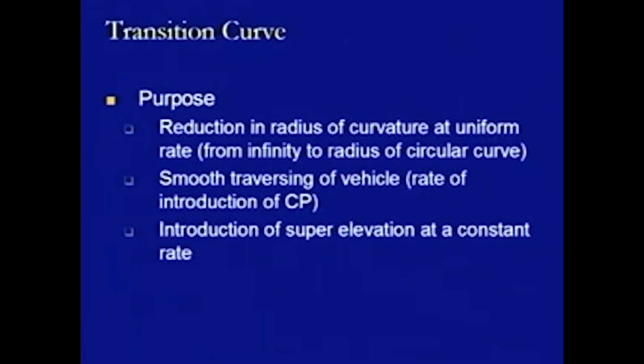Now, if the circular curve is provided just at the end of the straight section, then just at the end of the straight section, the level of the outer rail has to be increased by a value E above the level of the inner rail. It will be a drastic change, and it will cause the derailment or the overturning of the trains, depending on the speed at which the train or the rolling stock is moving.